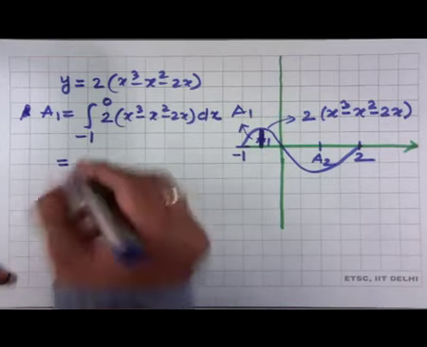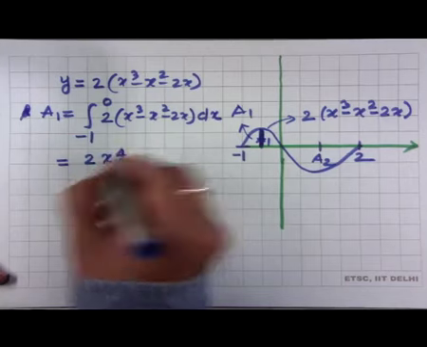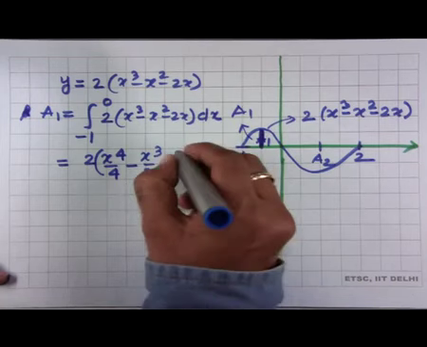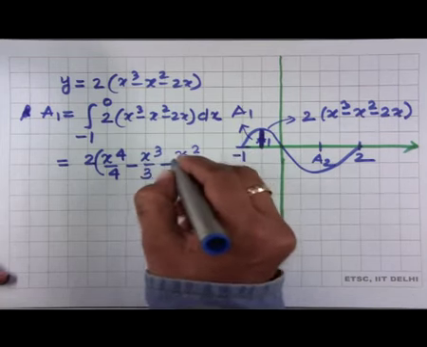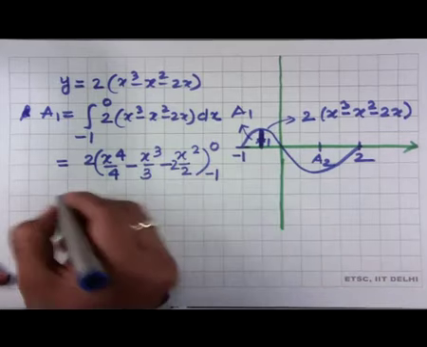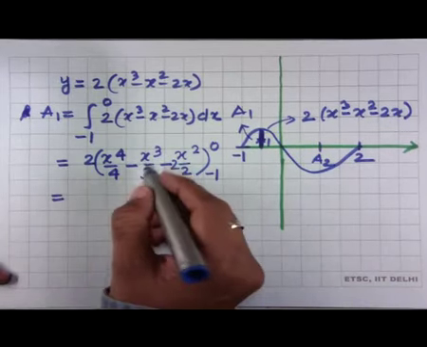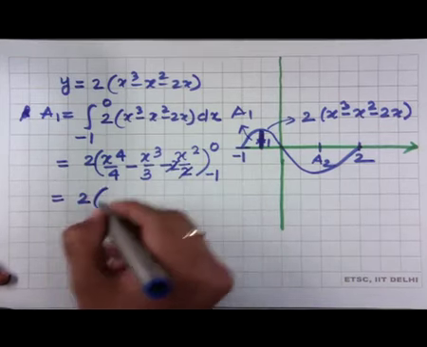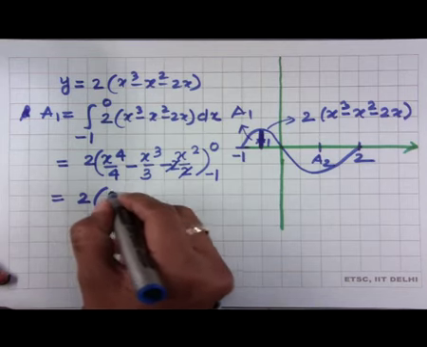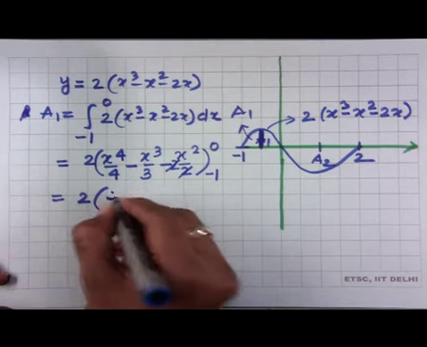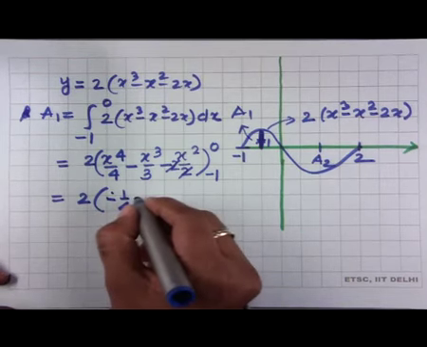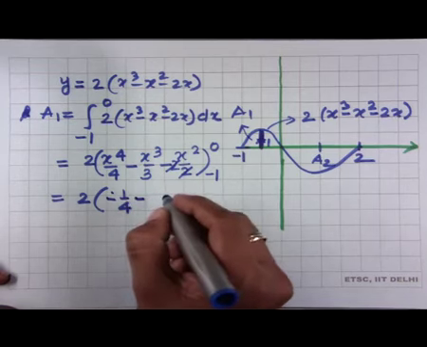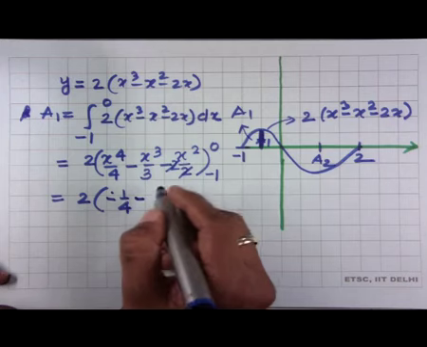So, you get 0 minus 1 by 4, then minus, okay, at 0 it will be 0.